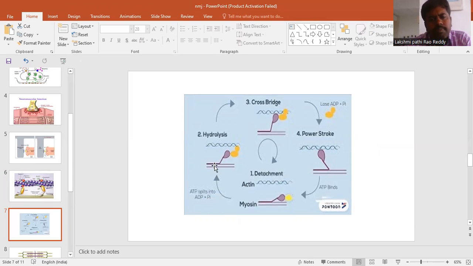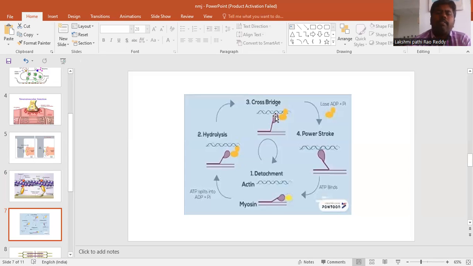Then the head of the myosin filaments becomes active, and by utilizing energy, it binds with the active sites. So this forms the cross bridges exactly at 90 degrees.